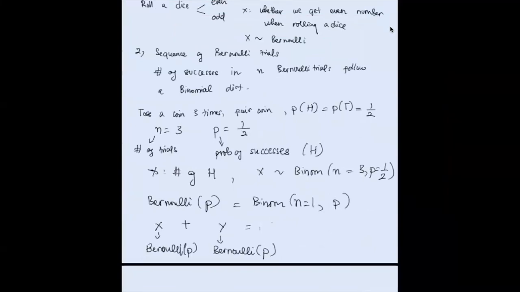Let's say X plus Y equals some random variable Z, then Z will have a binomial distribution. The number of trials will be 2, and the probability of success in each trial is, sorry, not 1/2, I mean p. This p refers to the p that you got here.